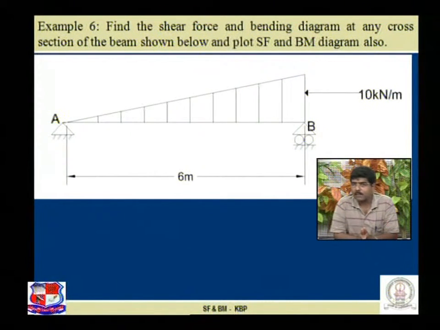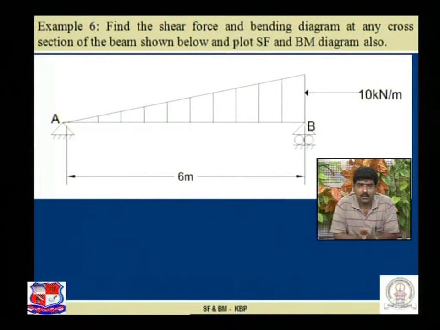In the same series, this given beam of length 6 meter is subjected to a uniformly varying load, 0 at support A and maximum 10 kilonewton per meter at support B. So let us recall what our first step is.